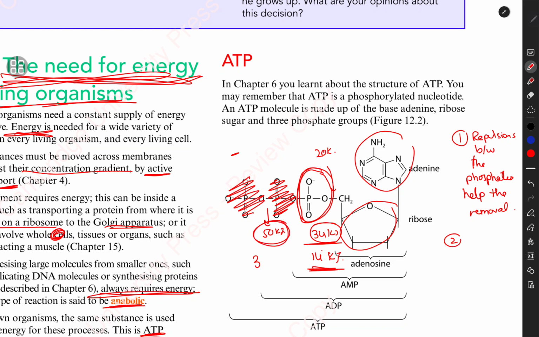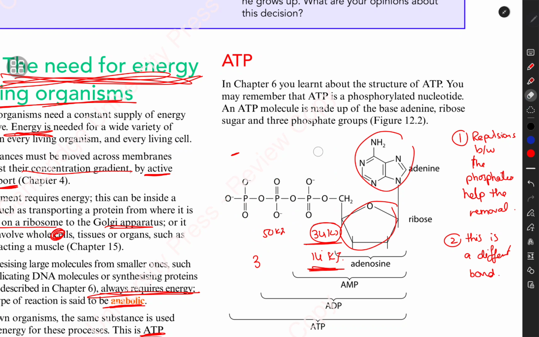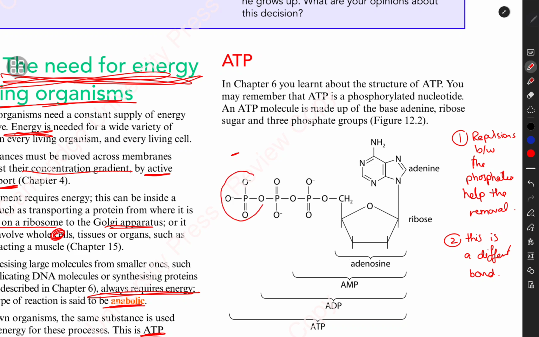The second reason is that this is a different bond. What do I mean by that? Let's take this image. We are taking this molecule and this molecule.